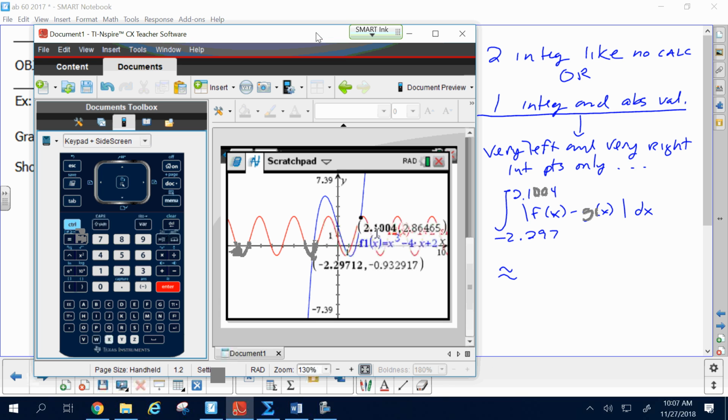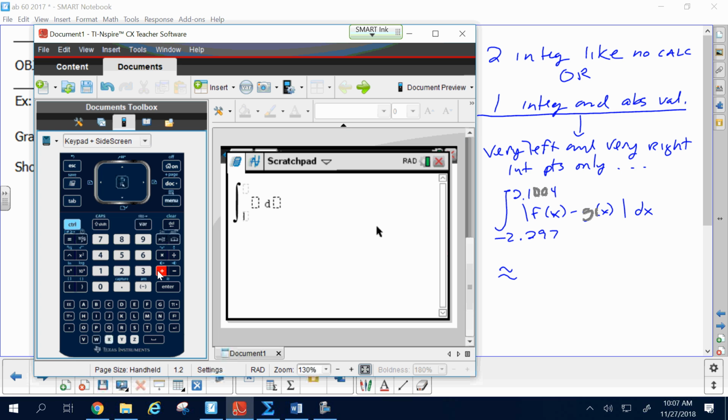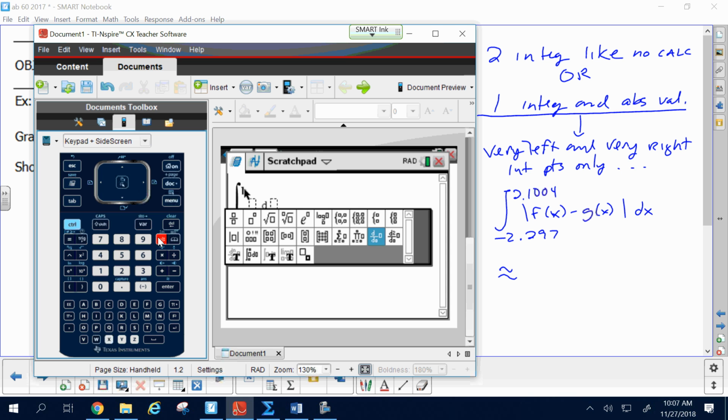Now that then requires you to go to the scratch pad, call up an integral, and your limits. I think I called them A to B, I really hope. Absolute value is in that catalog of functions button next to the 9.